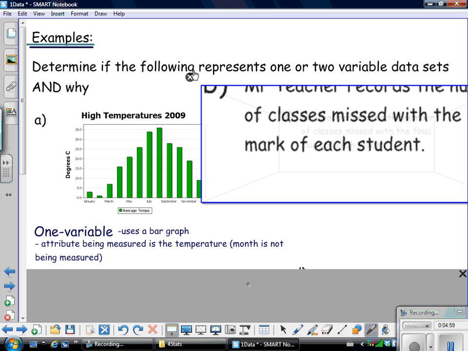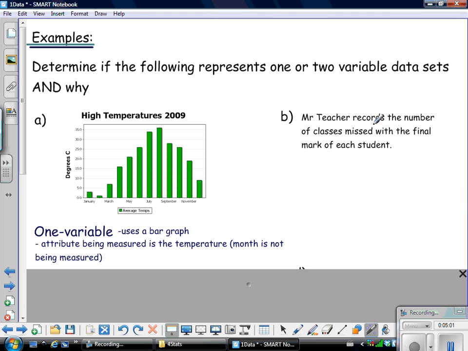So I'm looking at recording the number of classes missed, and I'm looking at recording the final mark. How many of those things am I measuring? Well, I think that's two variable. Why? Because it is two attributes I'm measuring, and they are the number of classes missed and the final mark.